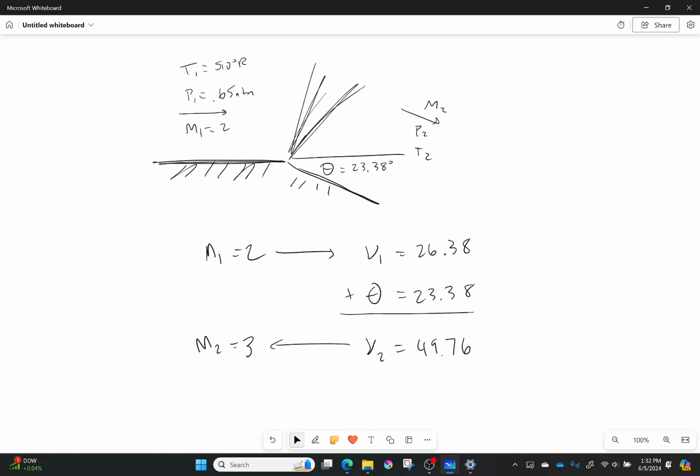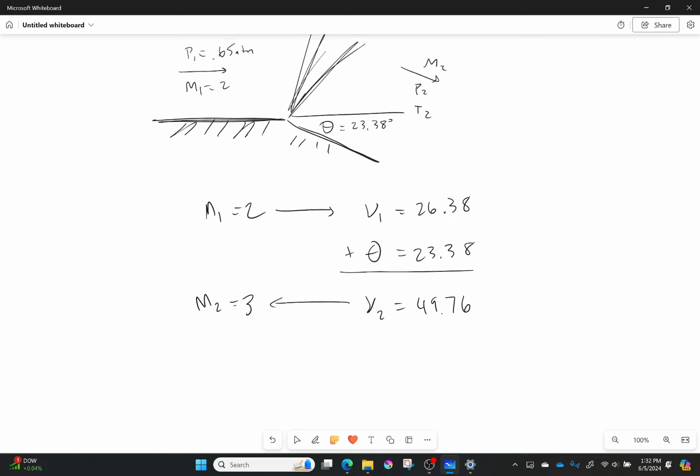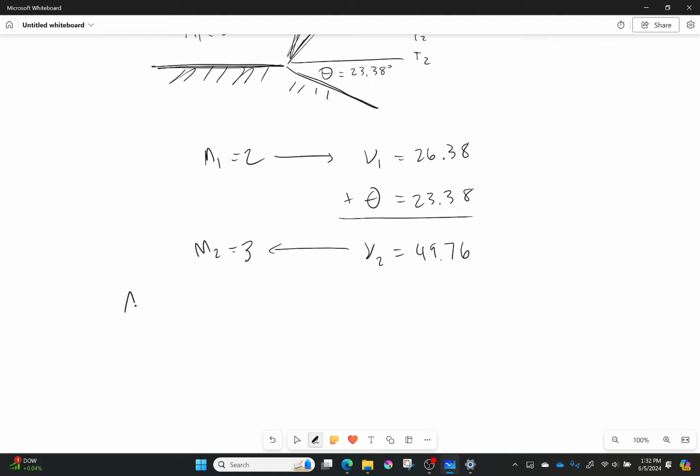Now for everything else, I have to go to Appendix A and figure out all my ratios. Like I need P naught over P, and I would also need T naught over T. I'll need that for a Mach number equal to 2 and a Mach number equal to 3.